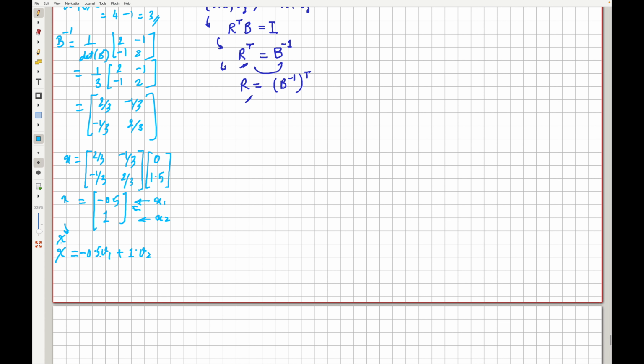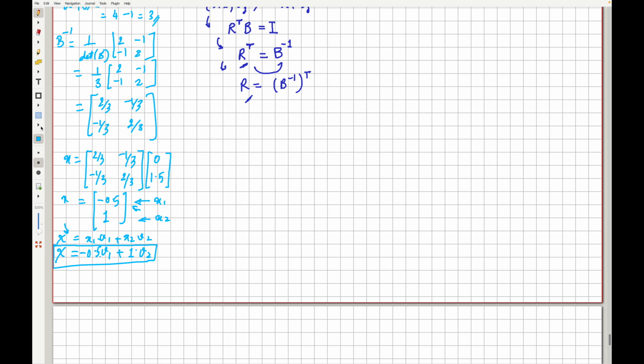So this is the same thing as saying x1 v1 plus x2 v2. It's just that we now have the coefficients, actual values for x1 and x2. So that's the expansion of the vector x based on the basis vectors that are not orthogonal.